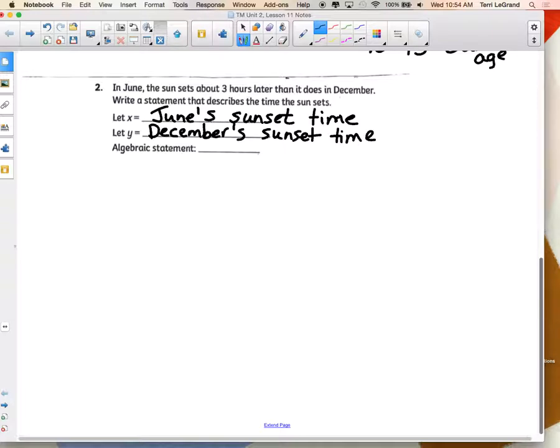Okay, now I'd like you to give a try at how do you think that equation then should be written for that one. Okay, anybody got an idea what they think might work for this one?